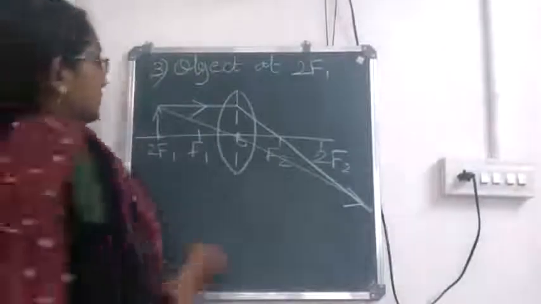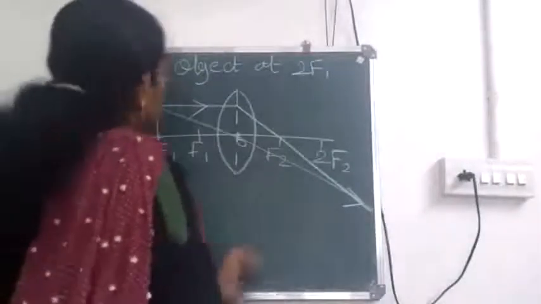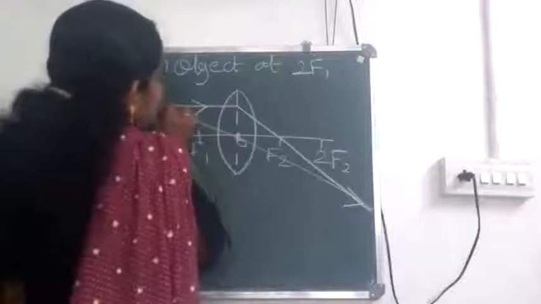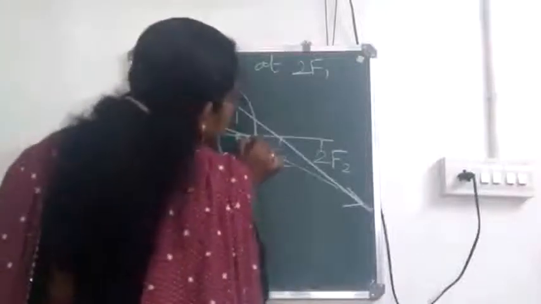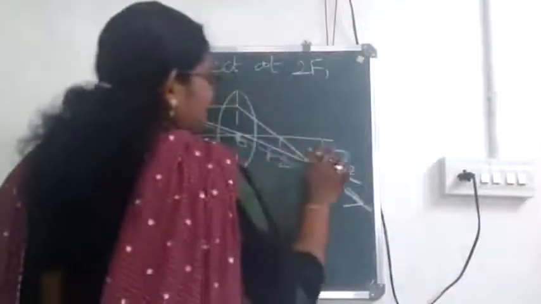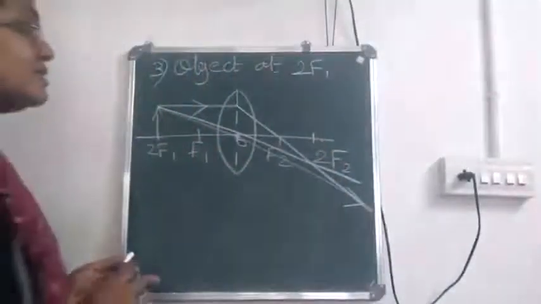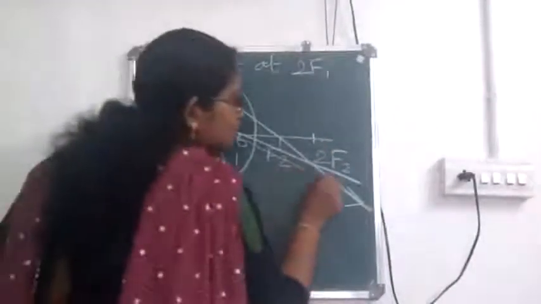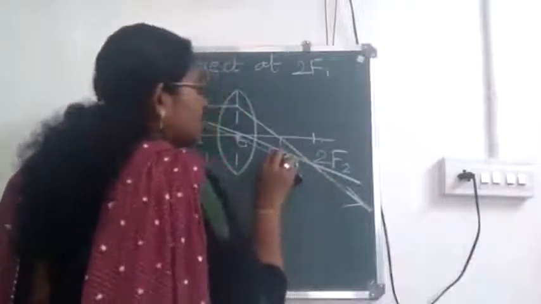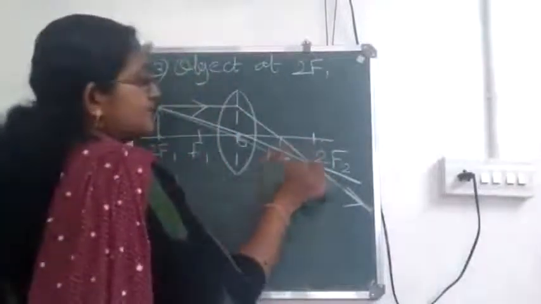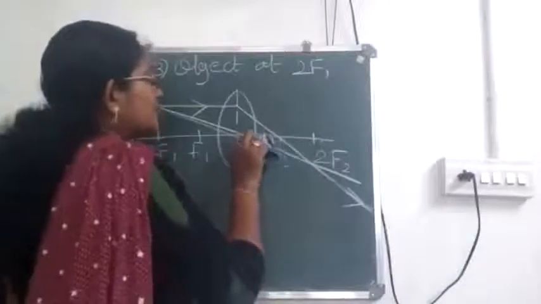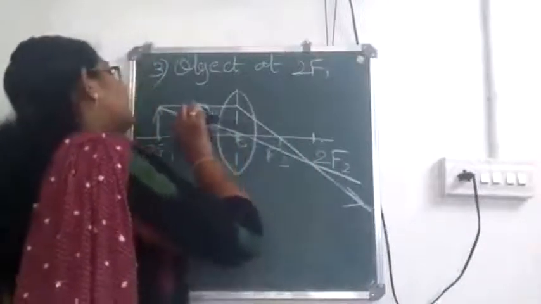So that means what I have drawn is wrong. Okay. These two rays should meet exactly. Two rays should meet just below 2F2. The distance between F2 and 2F2 was so high and that's why I didn't get it.